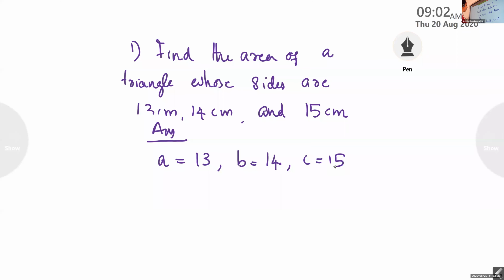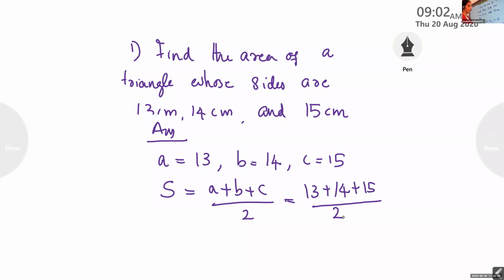Okay, children. So, you have to find first S. S is A plus B plus C by 2. It is 13 plus 14 plus 15 by 2. This is the first one you have to find. What is S now?